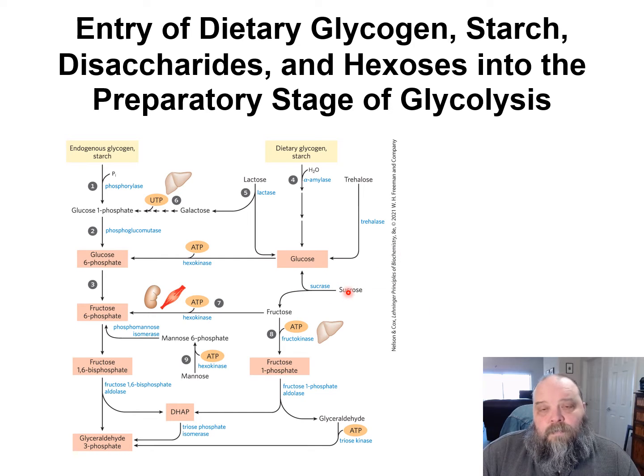Maybe you ate a piece of fruit. Fruit's sweet because of high levels of sucrose. Sucrose is a fructose and glucose joined together. Sucrase releases the glucose, boom, it goes on and enters into glycolysis. The fructose can then be phosphorylated in the kidneys, muscles, whatever, and becomes fructose 6-phosphate.